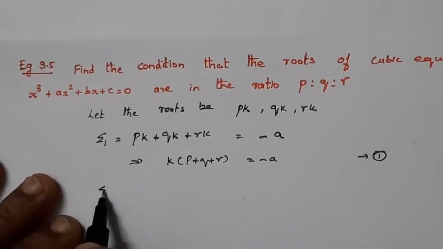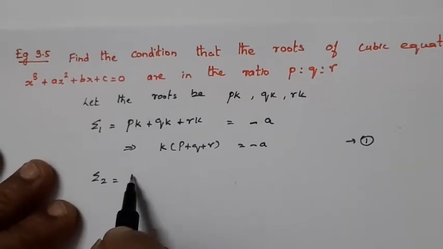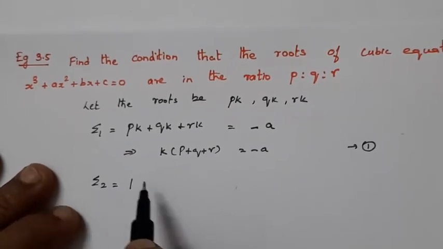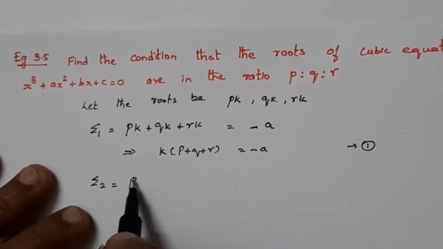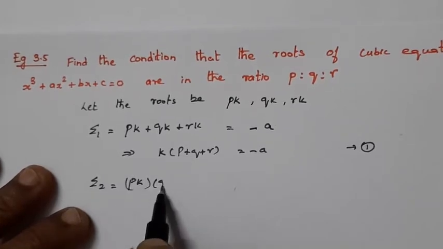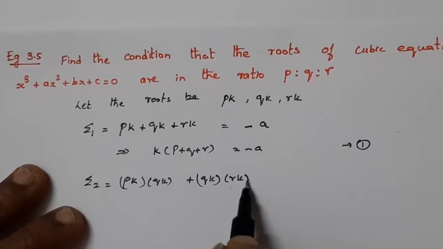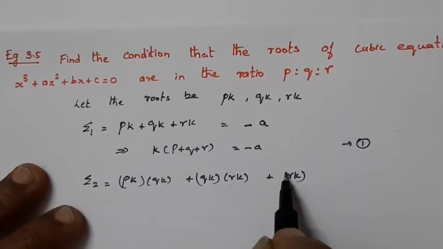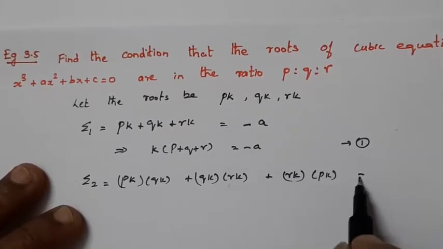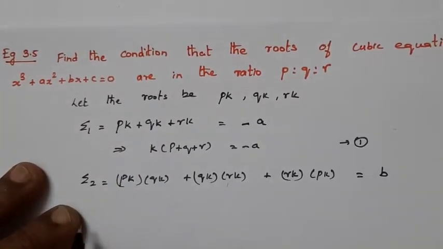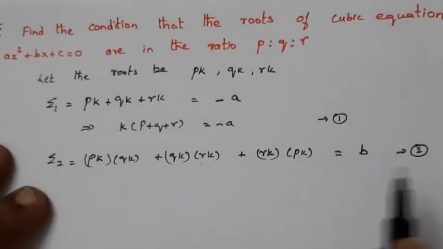And then sigma 2 is the sum of the product of the roots taken 2 by 2. That is pk into qk plus qk into rk plus rk into pk, equal to the coefficient of x with the positive sign, that is b. Let it be the second equation.